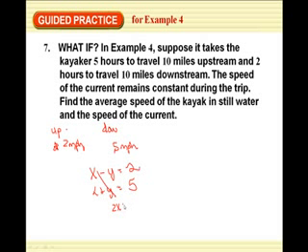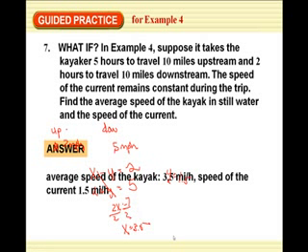Cancel out, 2x equals 7, divide by 2, x equals 3.5. 3.5 minus 1.5 equals 2, and plus equals 5. Let's see how we did. There we go, yep. And all I did was use what I learned from that last example.